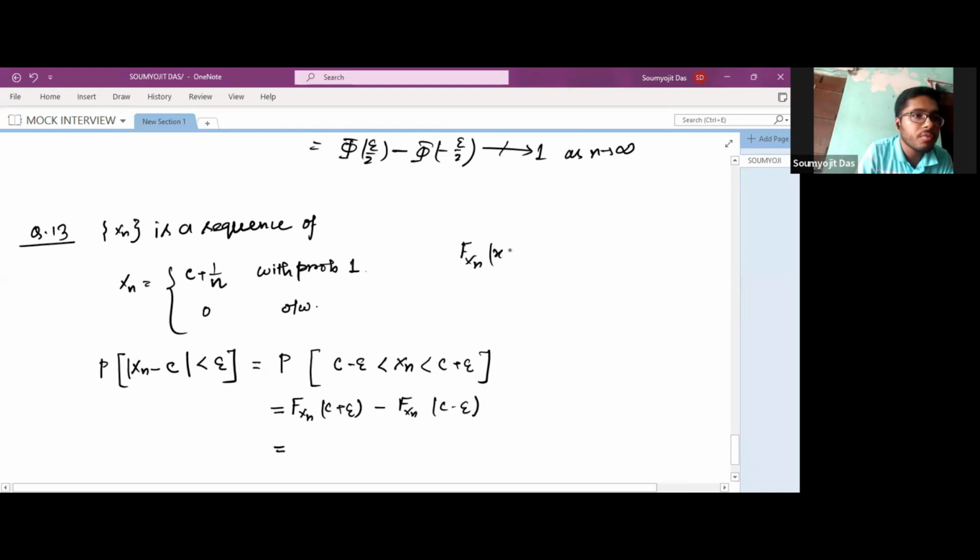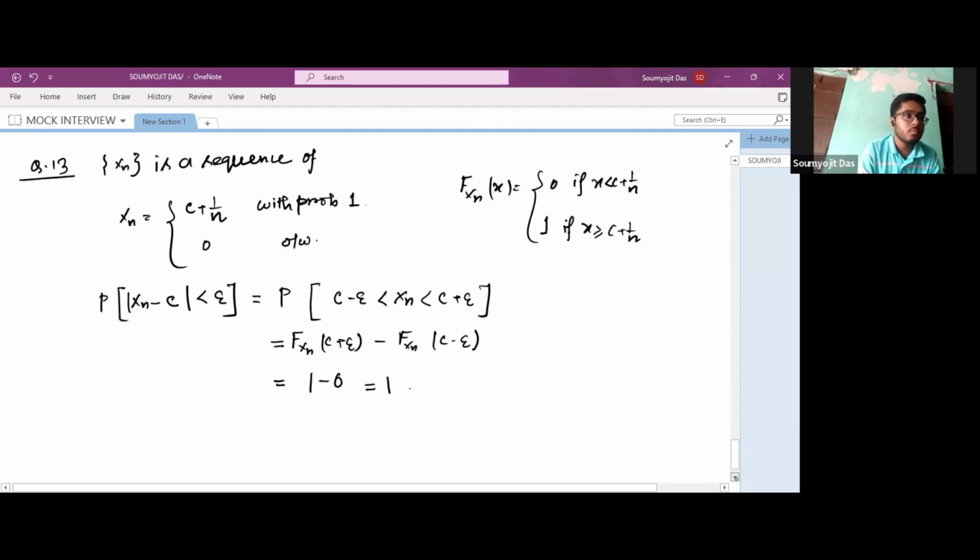If we consider the CDF of Xn, it will be 0 if x is less than c plus 1 by n, and it will be 1 if x is greater than or equal to c plus 1 by n. So if x is greater than c, we can consider it to be 1, and if it is less than c, for large n we can consider it to be 0, and it will go to 1. So as it goes to the constant c, it will also go in distribution to the particular value c. Good. Okay.